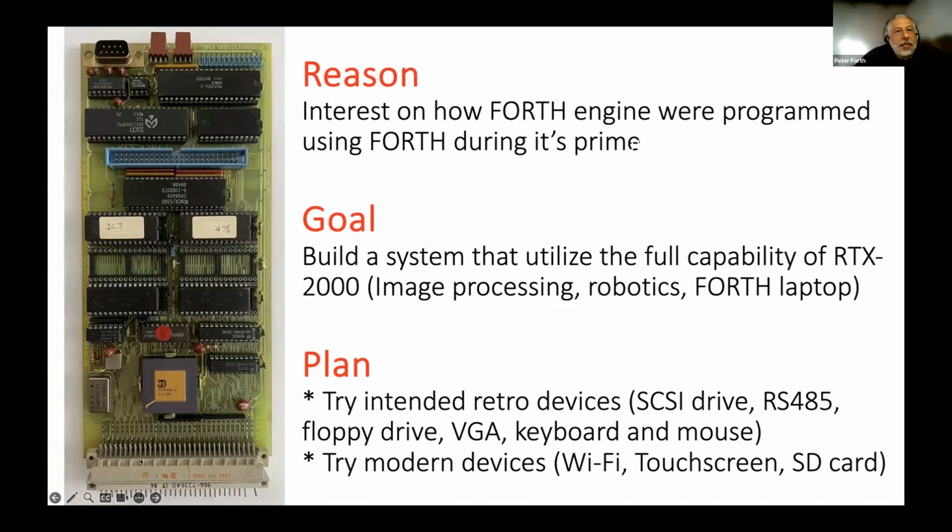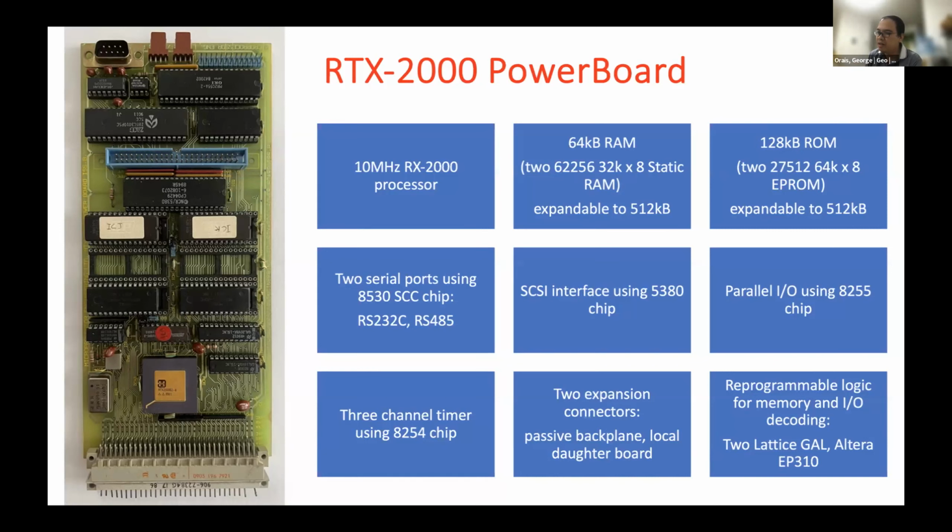Yes, it's a DIN 41612, 96 pin connector. It's for expansion, the expansion bus. Yes, and it has the pins for memory address and memory data and the ASIC address and ASIC data bus.